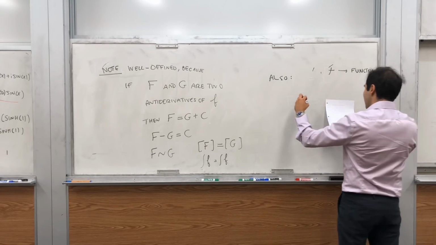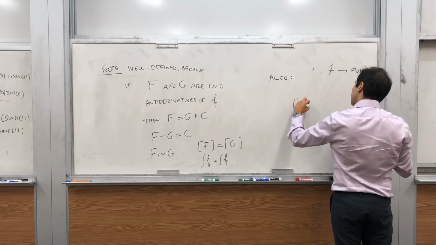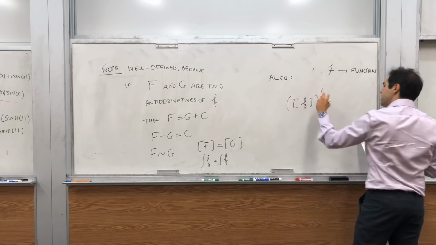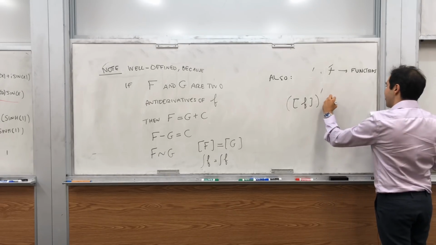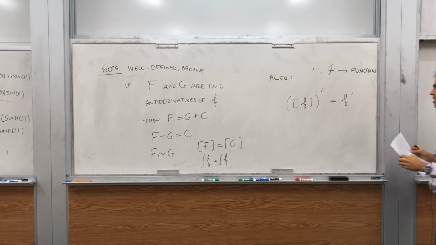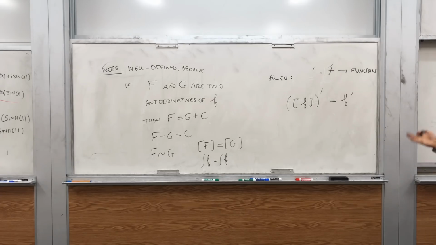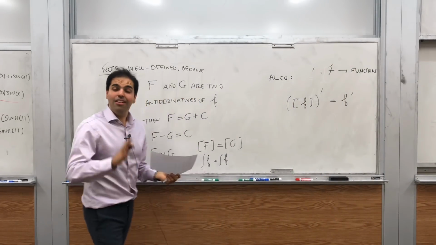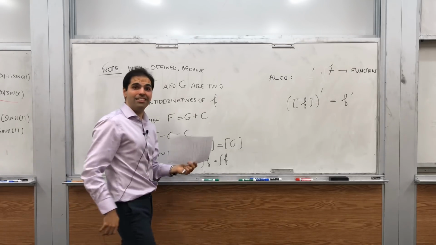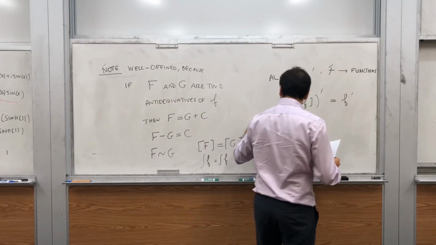We just define it as follows. Namely, if you take the derivative of a country, it just gives you f prime. Now, of course, you might be like, this makes no sense. What if we have two different functions? Well, it turns out it's not a problem. It's still well defined.